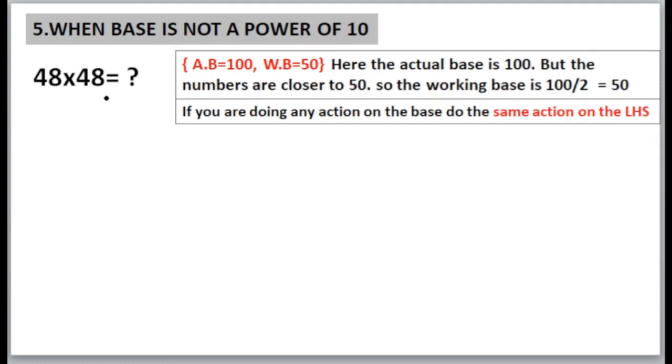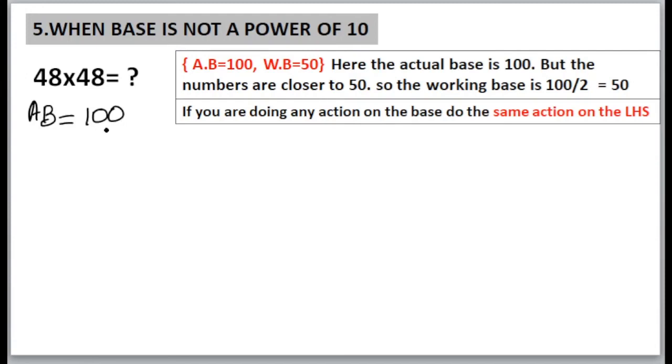So here it is 48. It is near to 50, not near to 100, nor near to 10. So we will take the actual base as 100, because we can only take the powers of 10 as base.